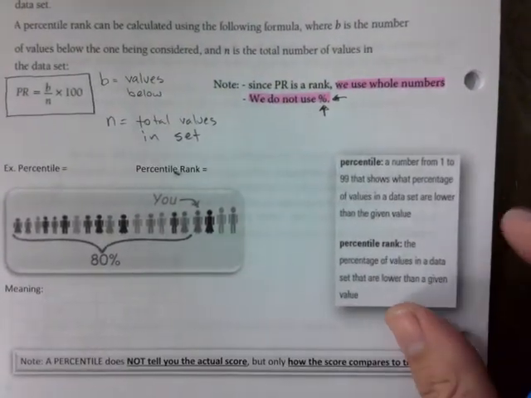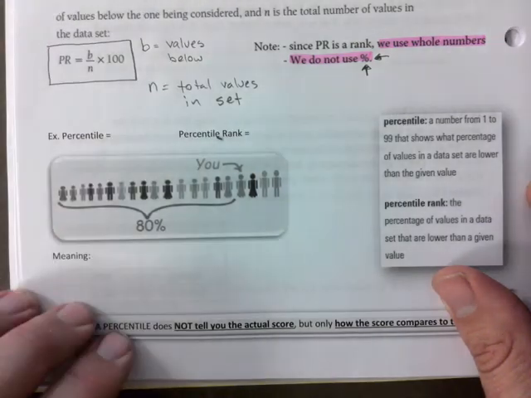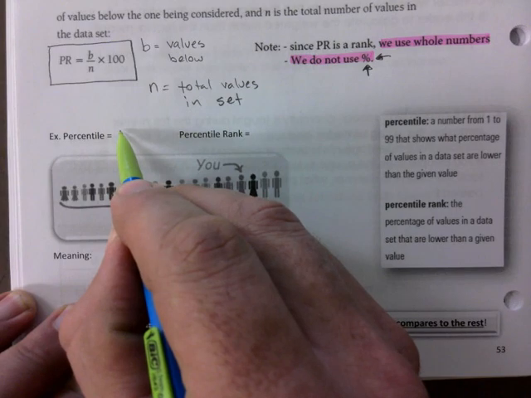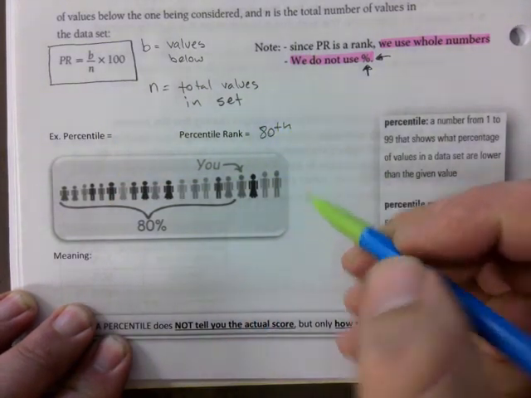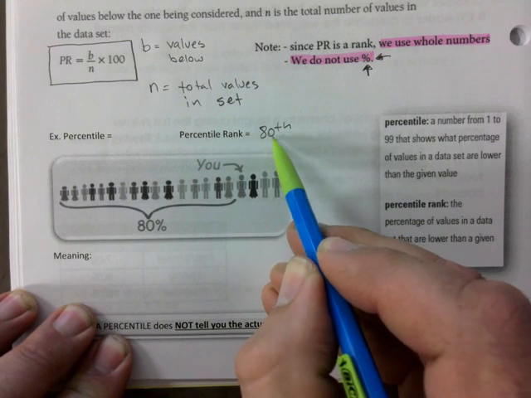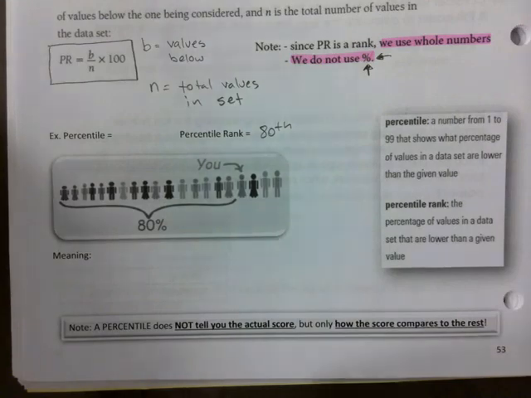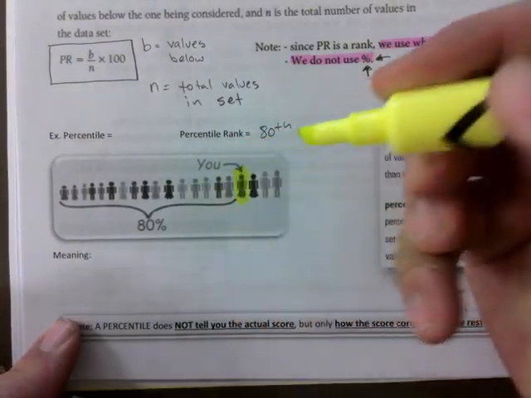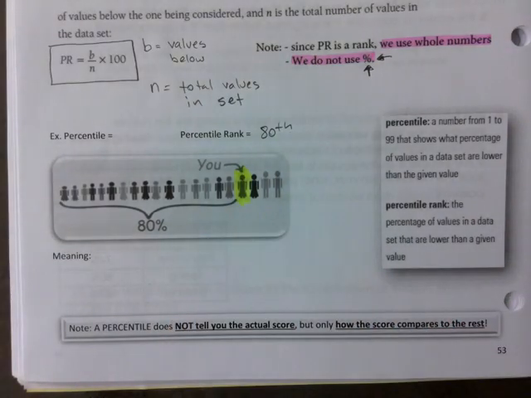So here we go. Another illustration for you. If I say that my percentile rank is in the 80th percentile, just write 80th here. That means that if this is you right here, let's highlight you. If your score, or it could be my height, my height would probably be higher than 80th percentile.